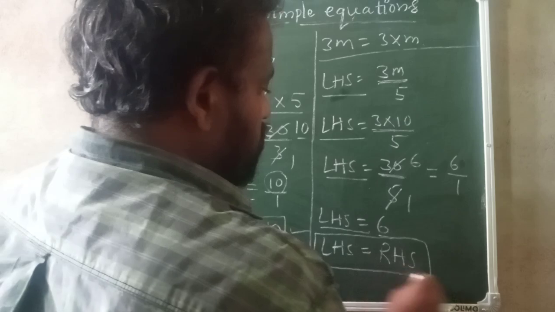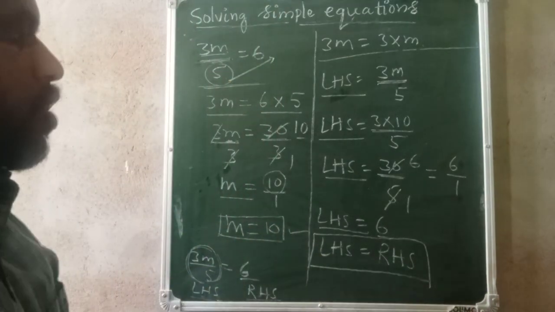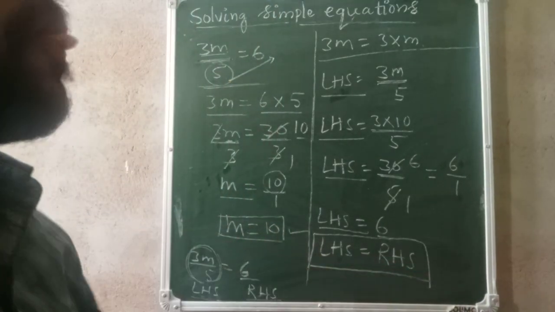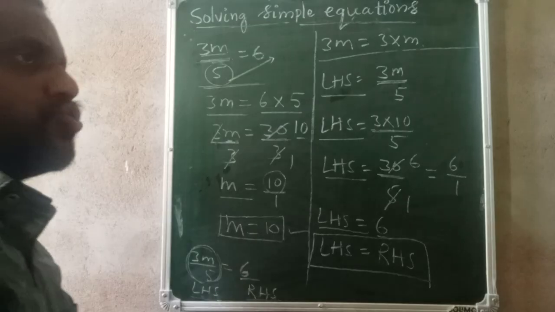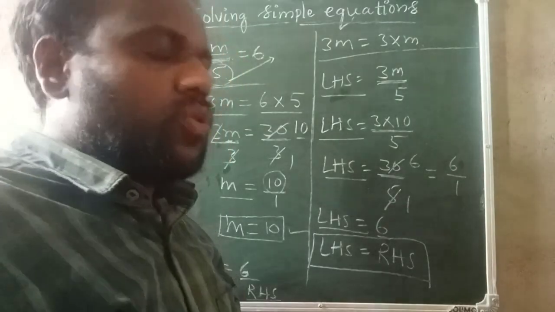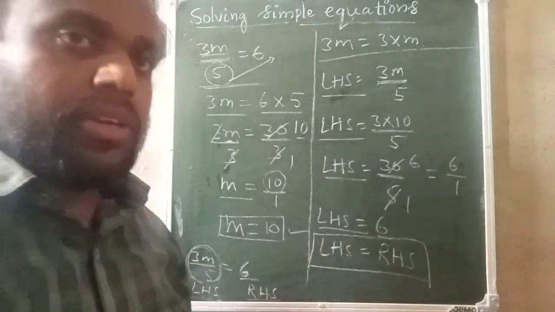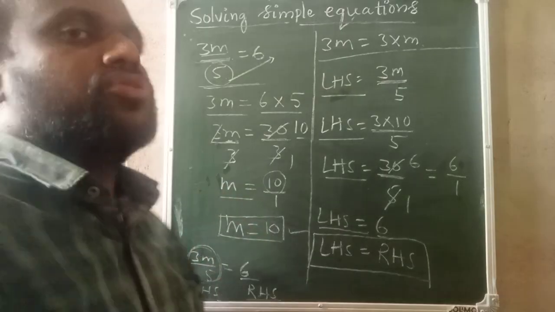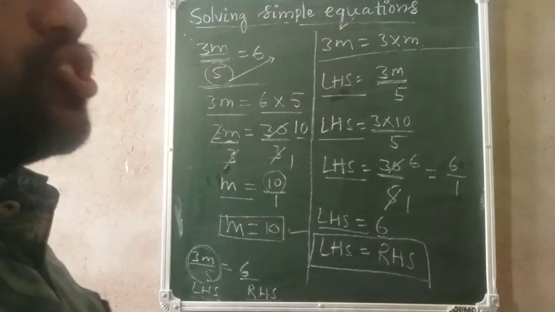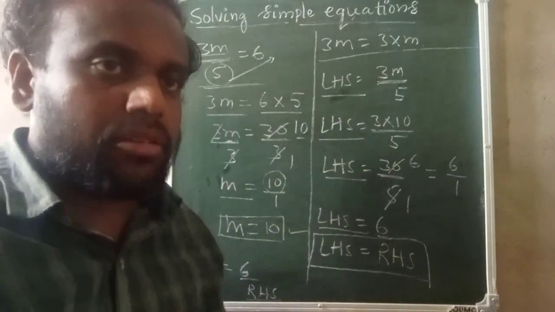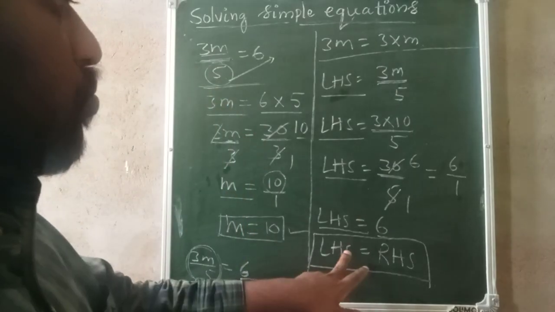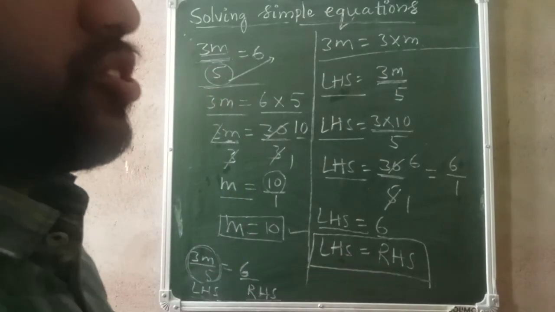Now we can see we got LHS is equal to RHS. So when LHS is equal to RHS, that means this answer is correct. m is equal to 10 is the correct answer, because LHS is equal to RHS.